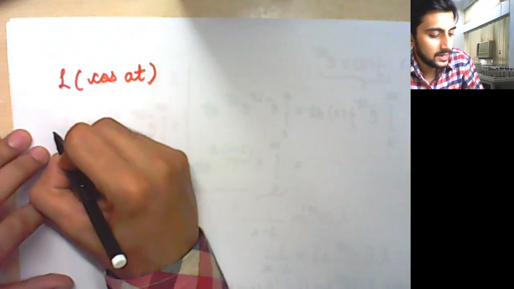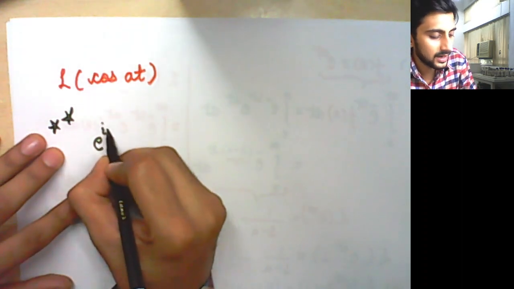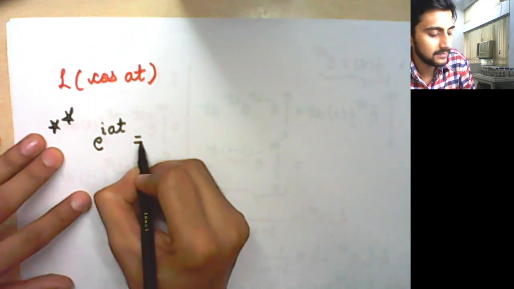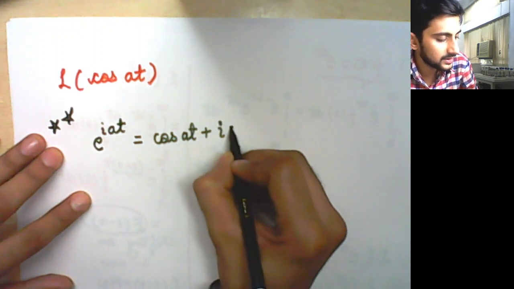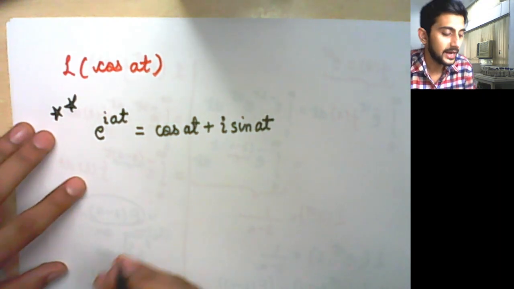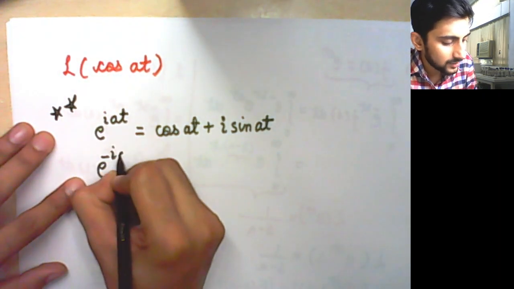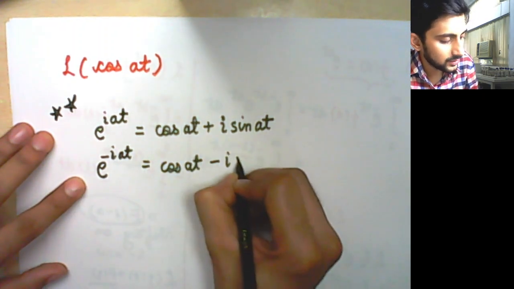So let us take a quick recap. You have e to the power iota at can be written as cos at plus iota sine at. Right? You can write it like this. And e to the power minus iota at can be written as cos at minus iota sine at.